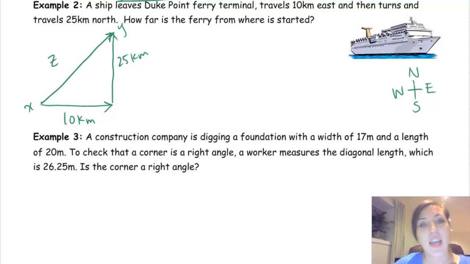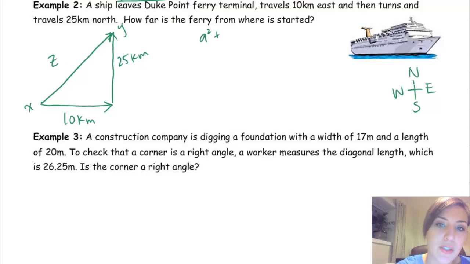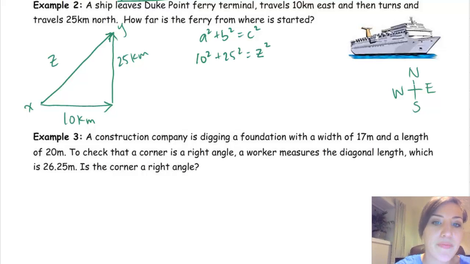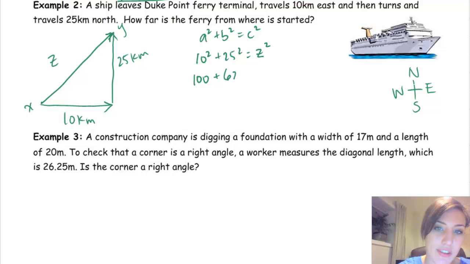What is z? Well, we already know a squared plus b squared equals c squared. So that's 10 squared plus 25 squared equals z squared. 10 times 10 is 100, 25 times 25 is 625, so 725 equals z squared.